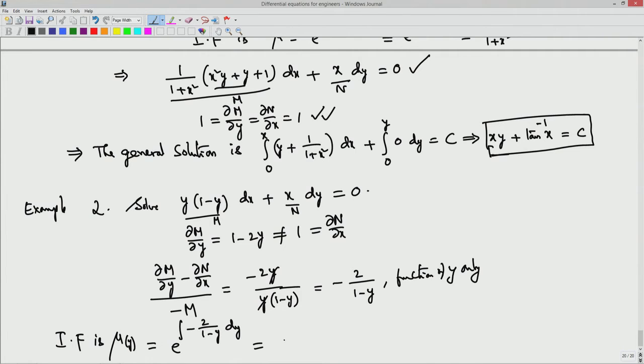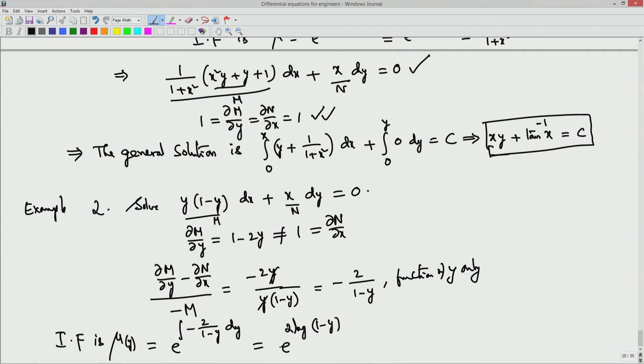What is its integration? e power, 2 log 1 minus y, plus some constant will be there. So that is e power this into e power that constant. That I can take as 1.